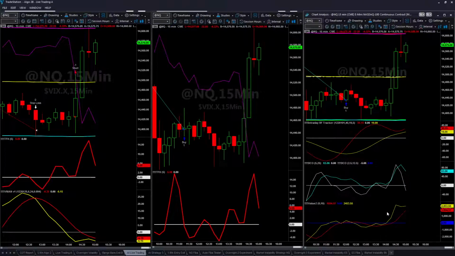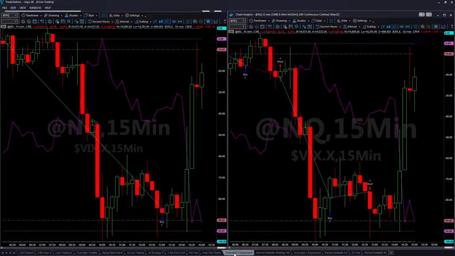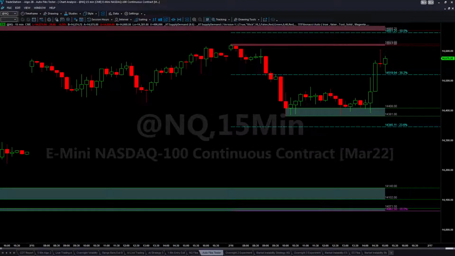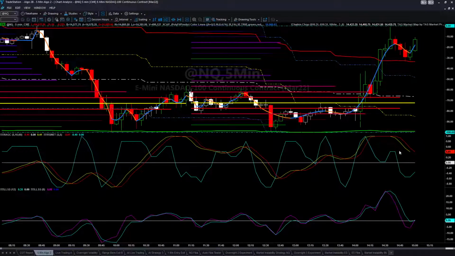It is way above the zero line still, no crossing. Let's check the overnights. Nothing in the overnights. So I'd say good, except I want this thing to straighten up.